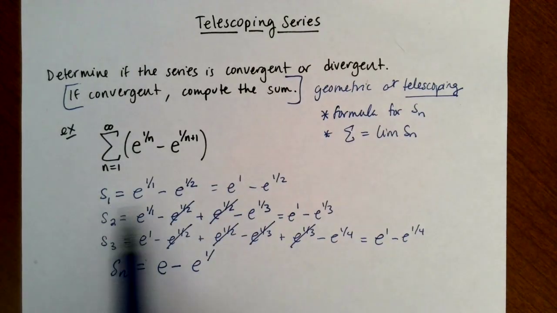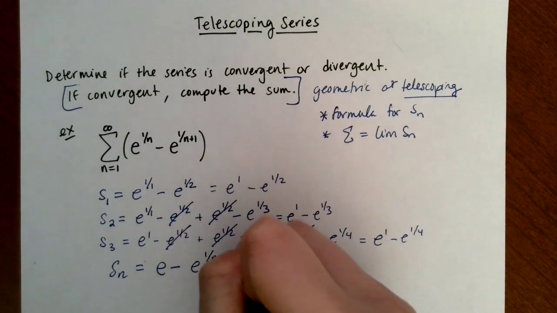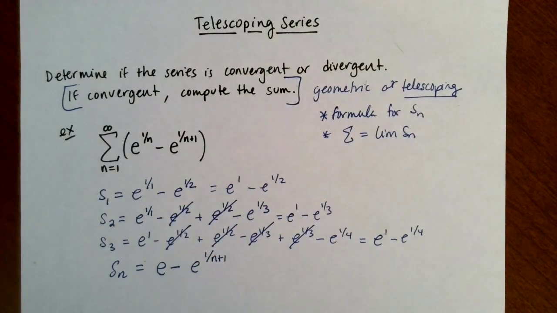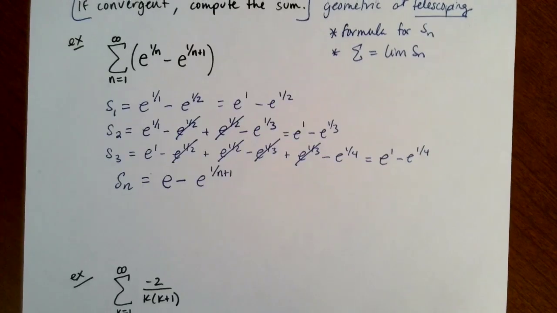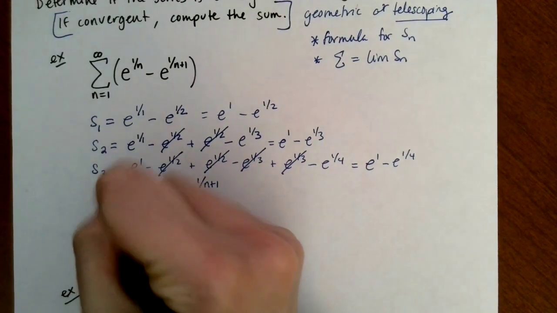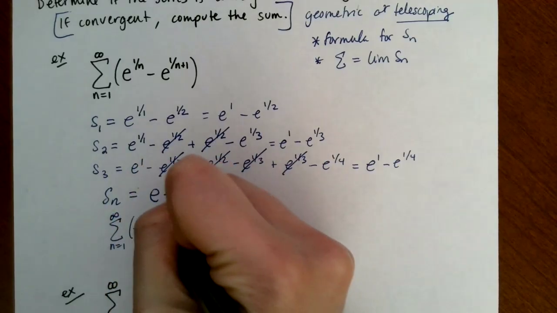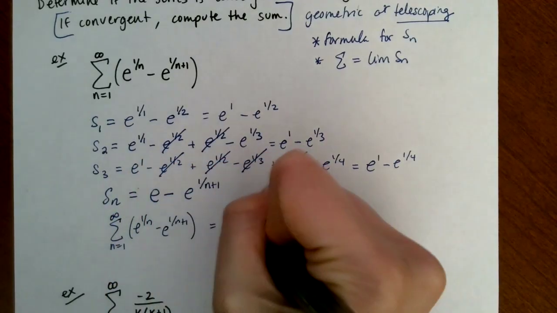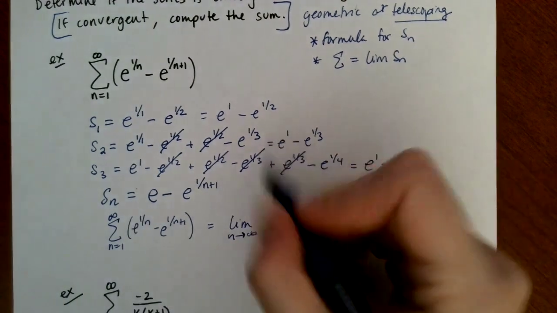So when this subscript is 1, it's 2, and then 2 is 3. So I'm not going to say n, I'm going to say n plus 1. All right, so if I plug in a couple of n values and double check, this should match what I already have. So now my series, n=1 to infinity of all this, equals the limit as n approaches infinity of this partial sum formula.